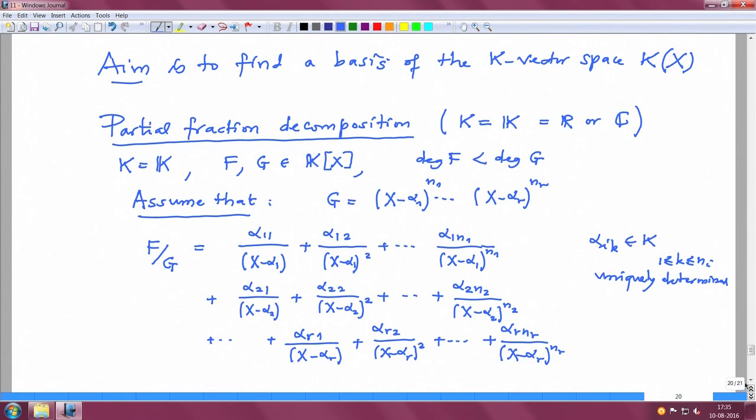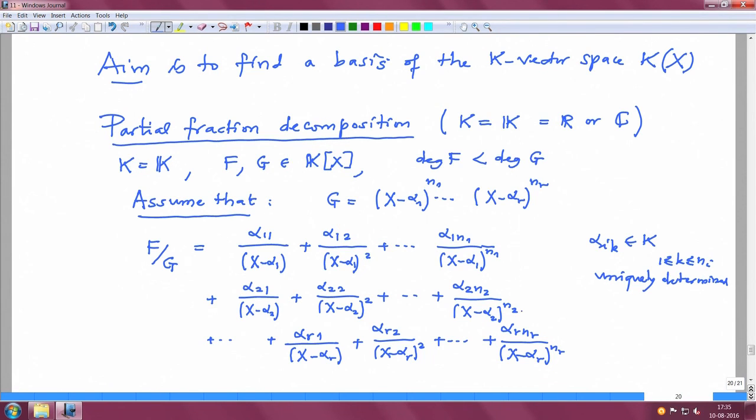In that case, the partial fraction decomposition says that f by g looks like this. You see, this is the coefficient of 1 over (x minus alpha 1), this is the coefficient of 1 over (x minus alpha 1) power 2, and so on.